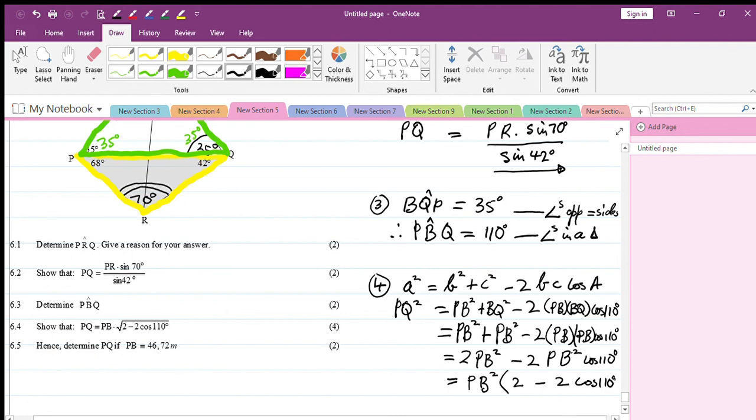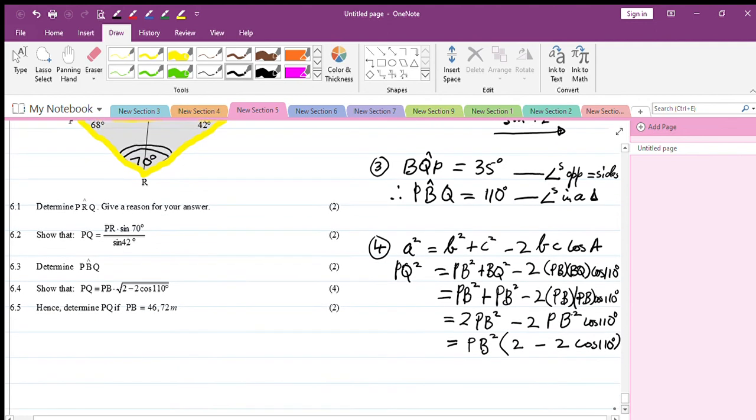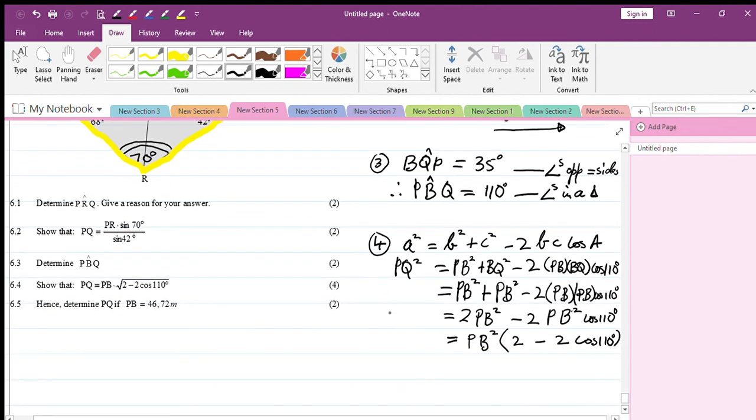Okay, remember that we have PQ squared on the side. So PQ squared is on the side, and then we put a square root here, and the answer is PQ. And we put a square root on the right hand side.